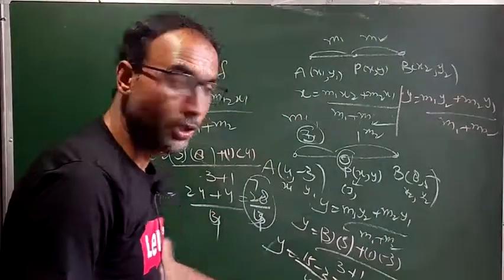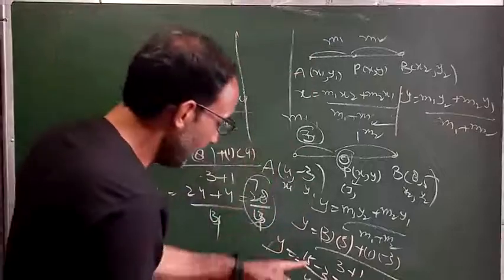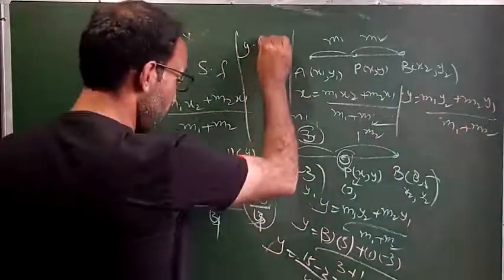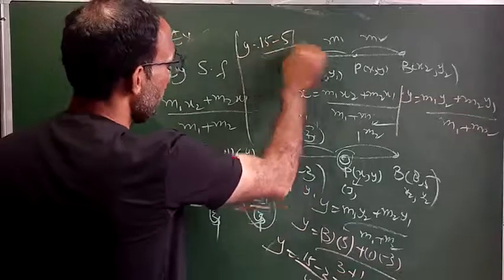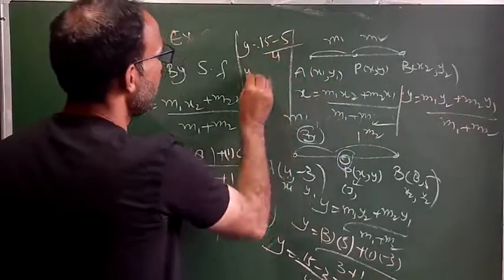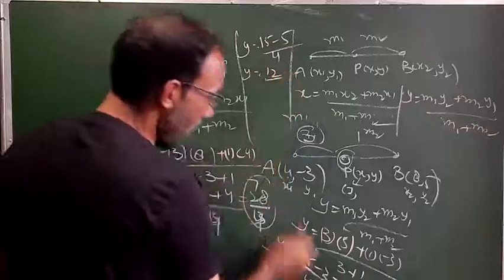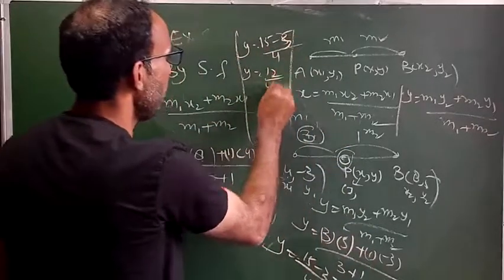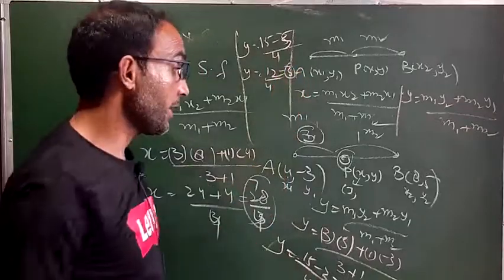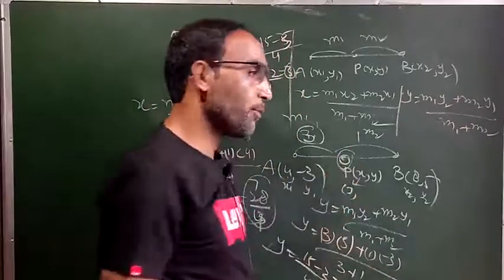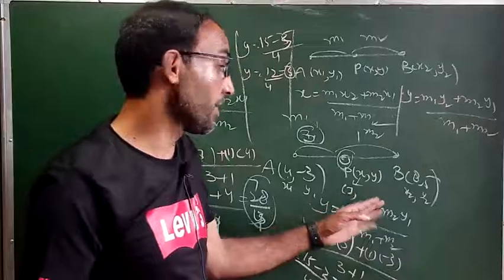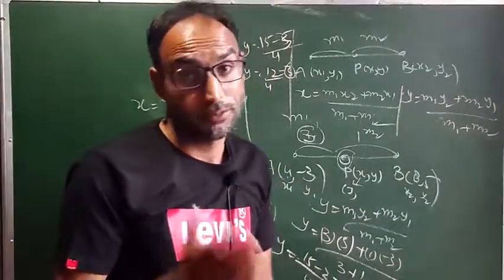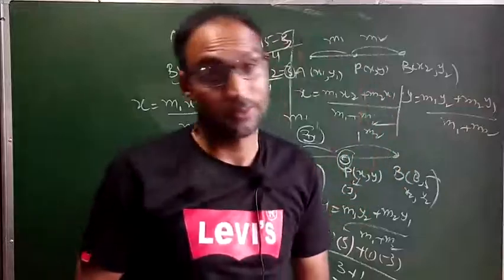So the coordinates of the point of division are: x coordinate is 7 and y coordinate is, dear students, 3.